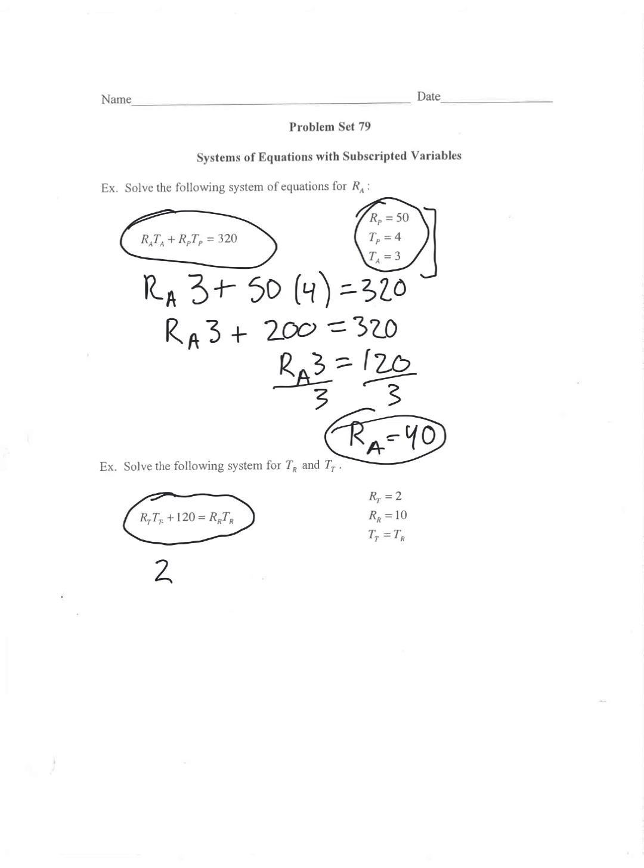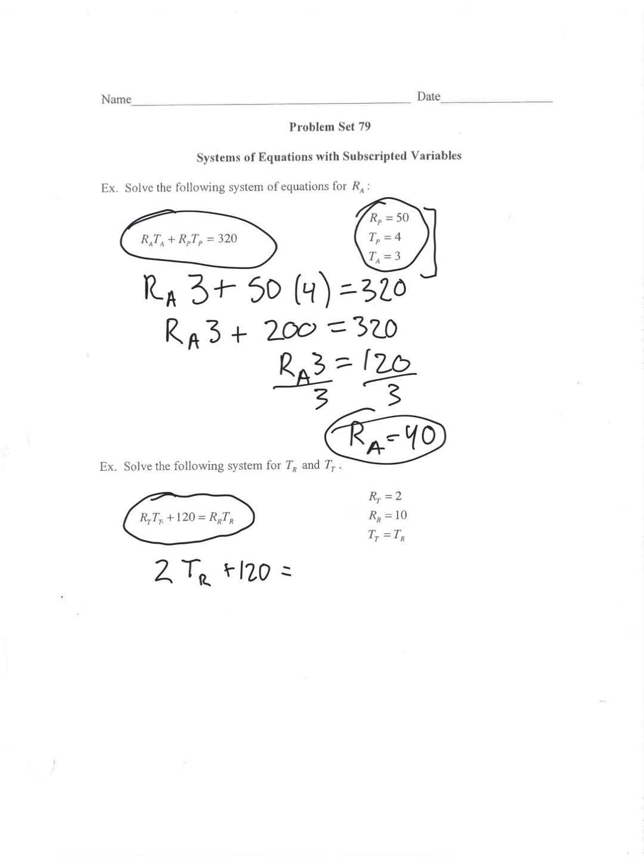That's really useful because that means we can take t sub t and substitute t sub r for it, since they're equivalent. Why would I want to do that? Well, because I don't know what t sub r is and I don't know what t sub t is, but if I have just one t sub r in this equation, then I can solve for it.